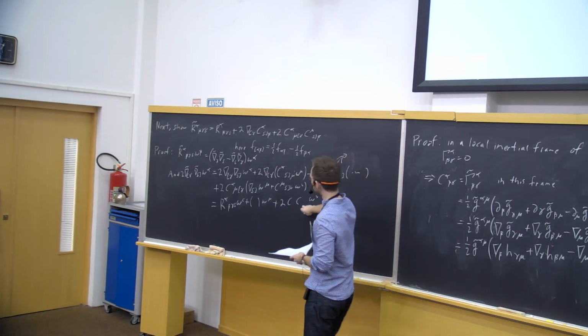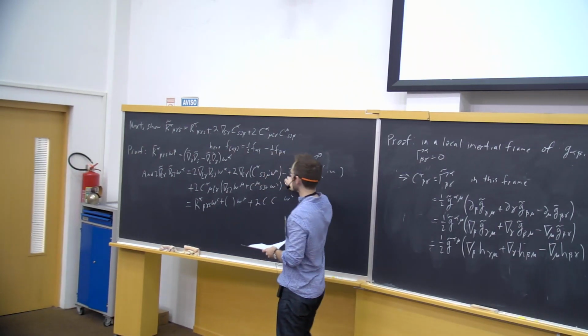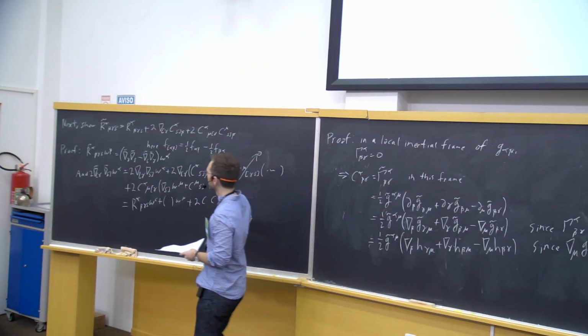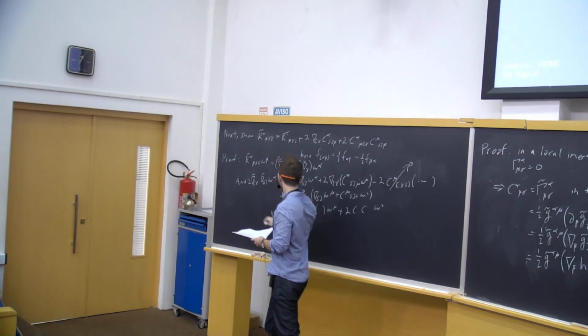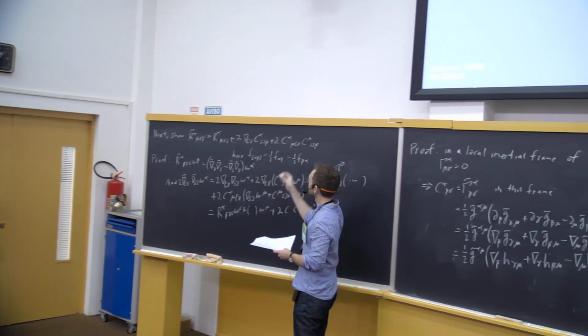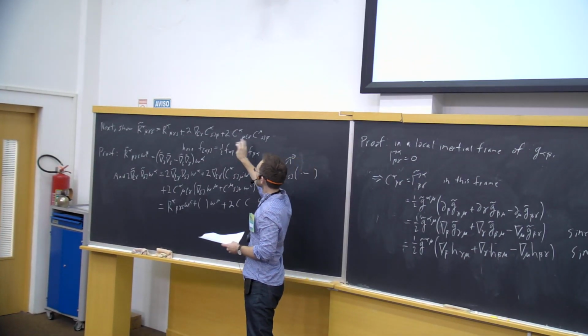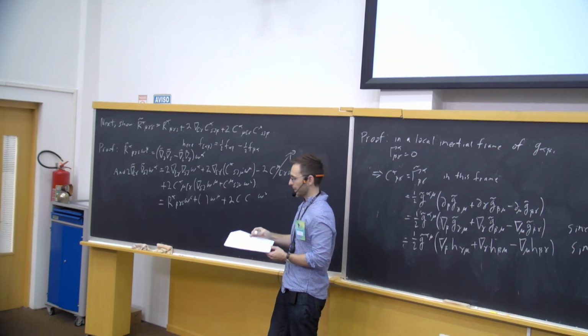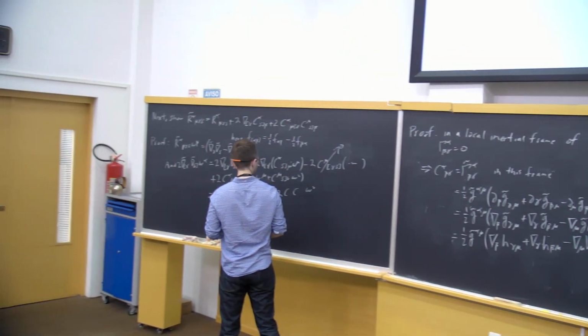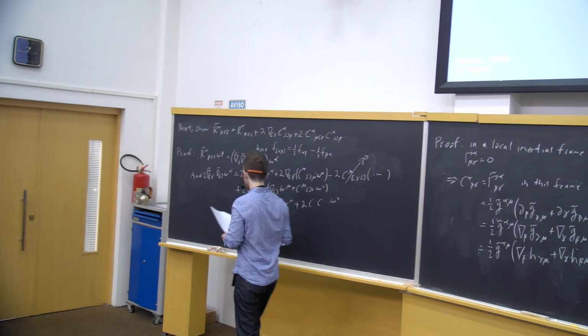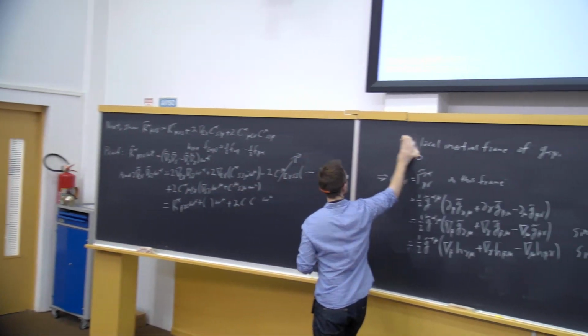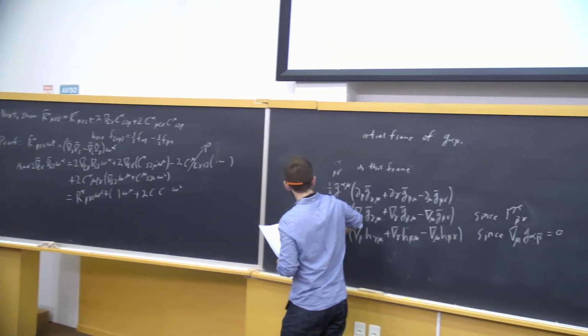So I won't write down the details of this step, but it's just a matter of simplifying to get R tilde in terms of R and products of C and a covariant derivative of C. So from here, we can immediately write down the Ricci tensor.